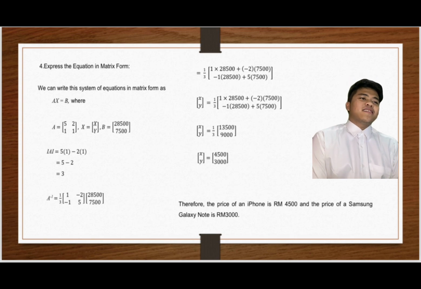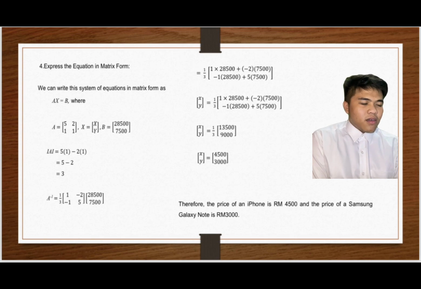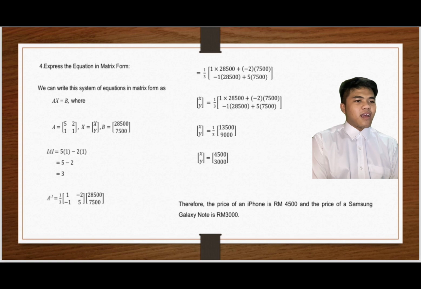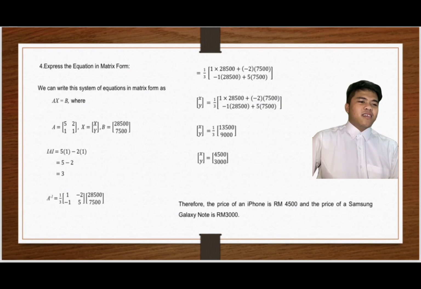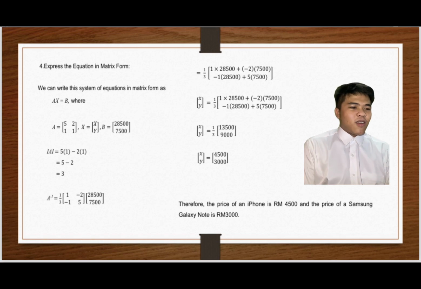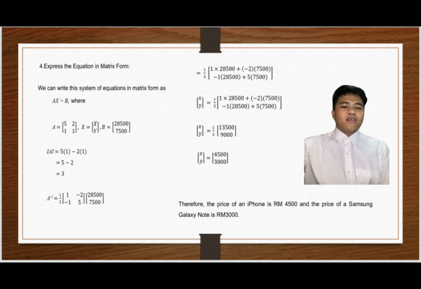And the answer is 4,500 and 3,000. Therefore, the price of an iPhone is 4,500 and the price of a Samsung Galaxy Note is 3,000. Thank you, that's all for me. I will pass this to Luis.